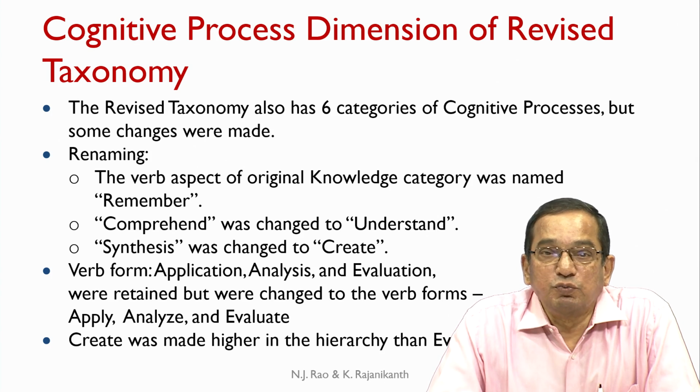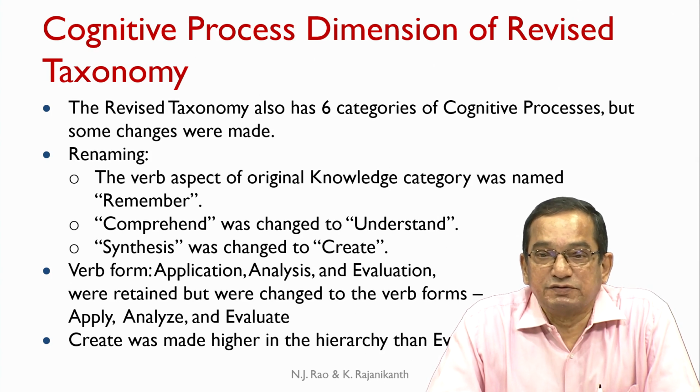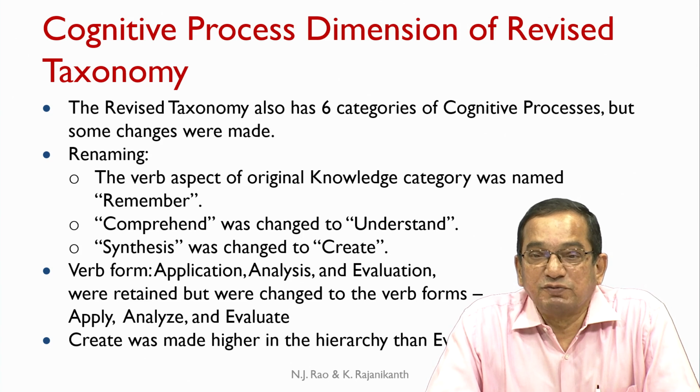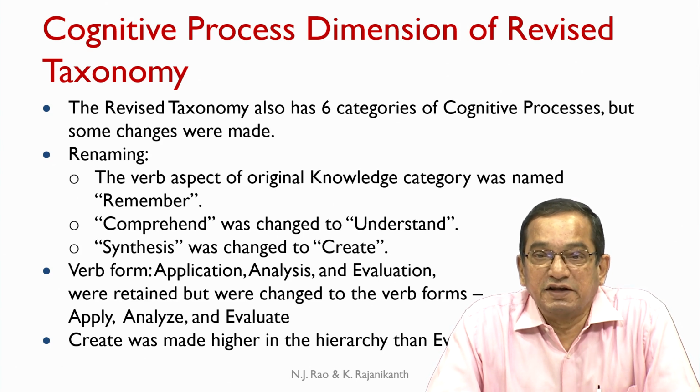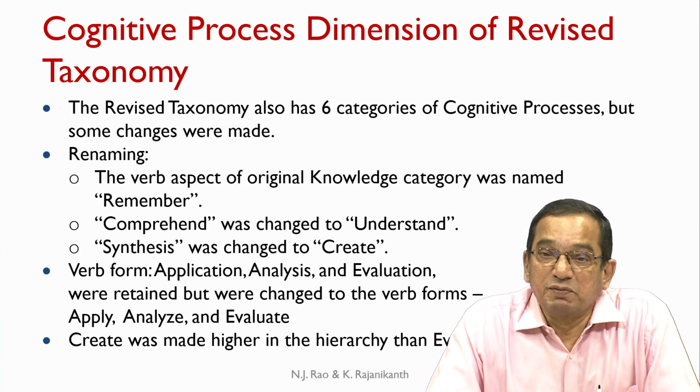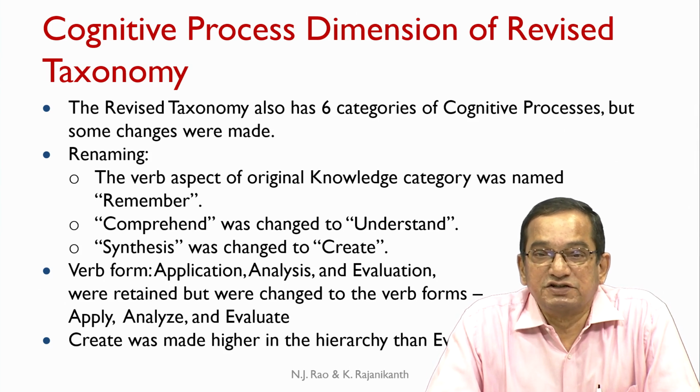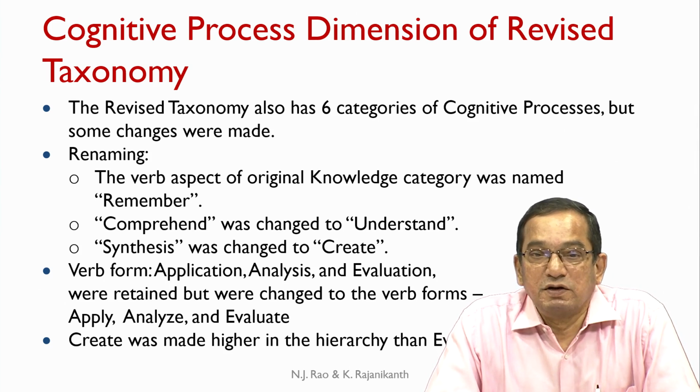The cognitive process dimension of the revised Bloom's taxonomy also has six categories, but certain changes were made from the original taxonomy. The verb aspect of the original knowledge category was named remember. Comprehend was there in the original taxonomy, and that was changed to understand.